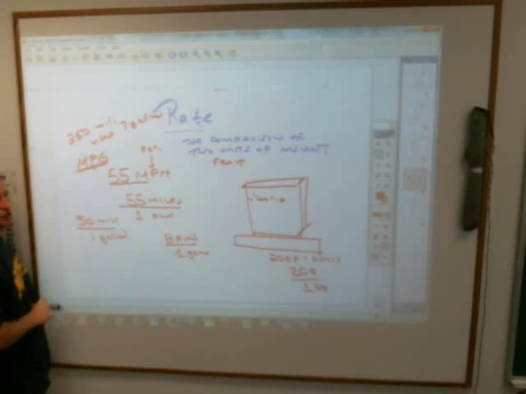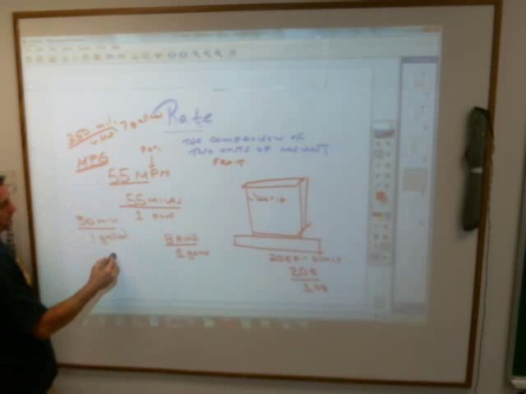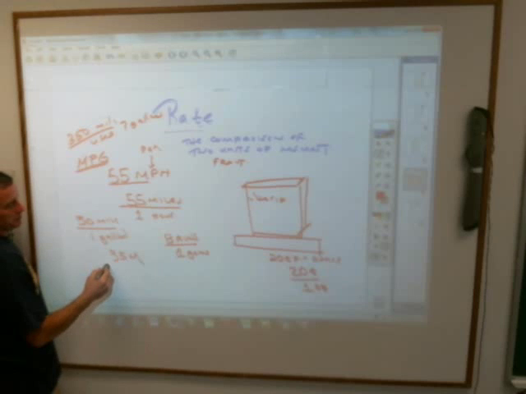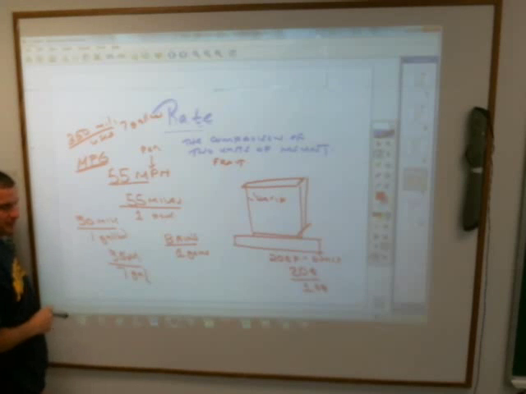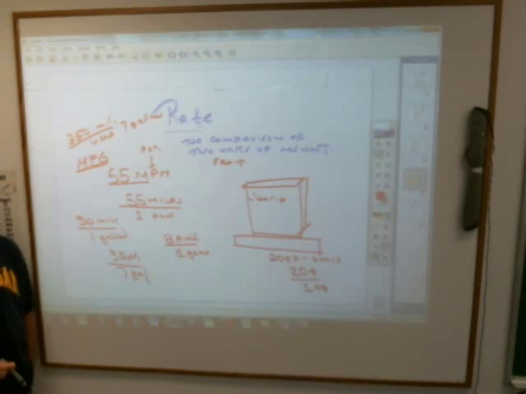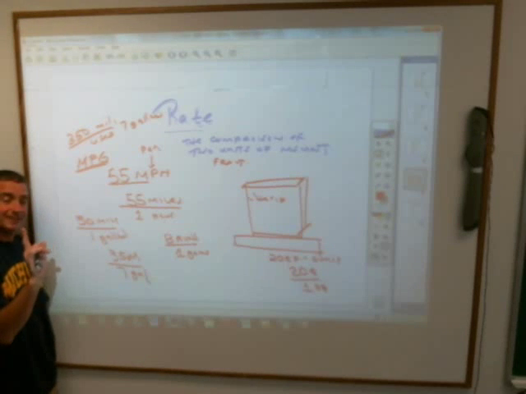Gas mileage is in miles per gallon. So you have 350 miles per 7 gallons. You would not leave it in that form. You don't say your car's gas mileage is 350 miles per 7 gallons. You have to divide it out and figure out how much it is for 1 gallon.